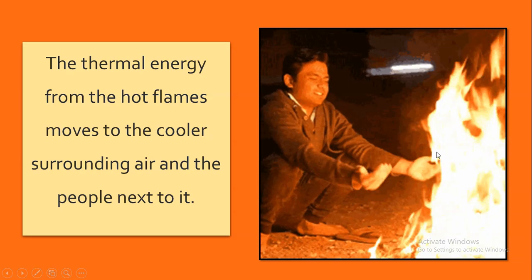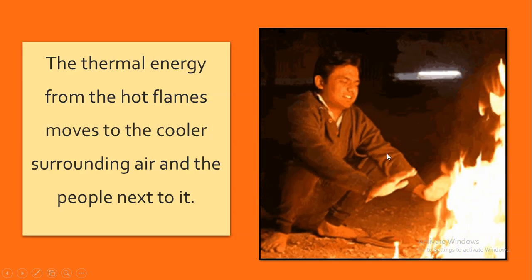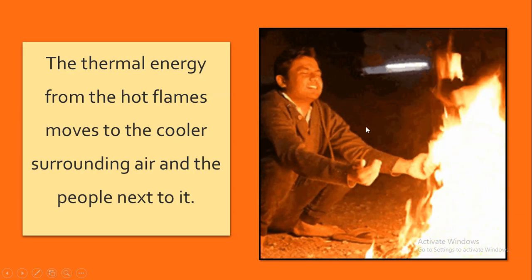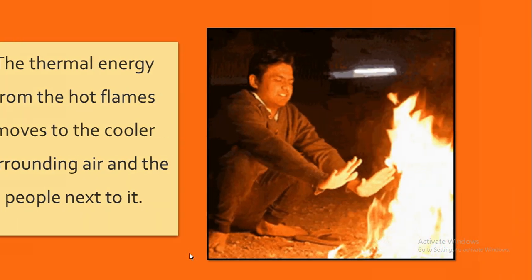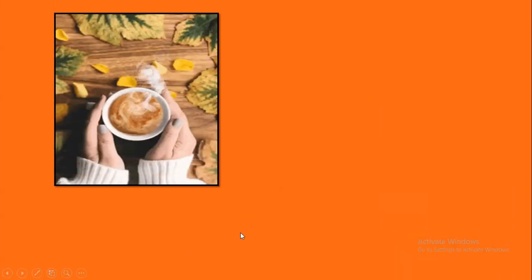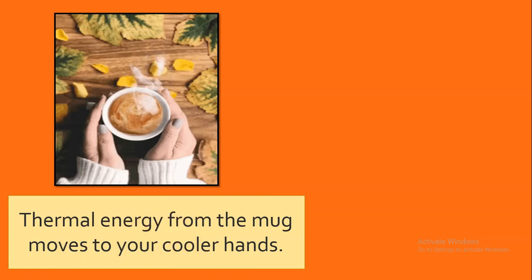So this is the flow of thermal energy from warmer objects to cooler objects. Now what about this picture? This girl here is holding a hot cup of coffee. Thermal energy from the mug, the hotter object, moves to your cooler hands.